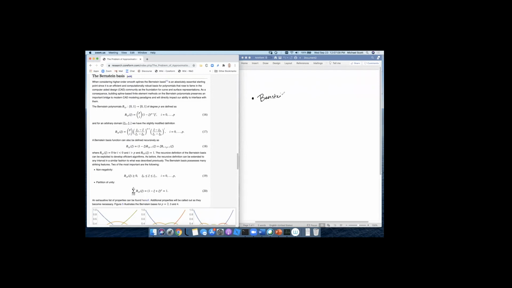Maybe they know the answer to this. I'm still here. I was not able to find a conclusive result that said if you move to bases that have a partition of unity and positivity, that somehow implies an improved oscillatory behavior.